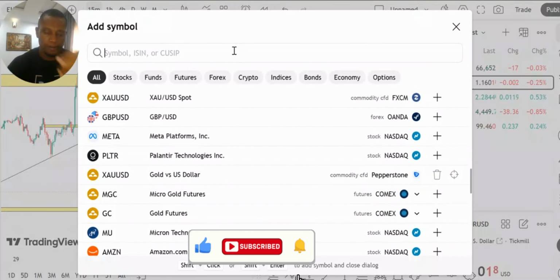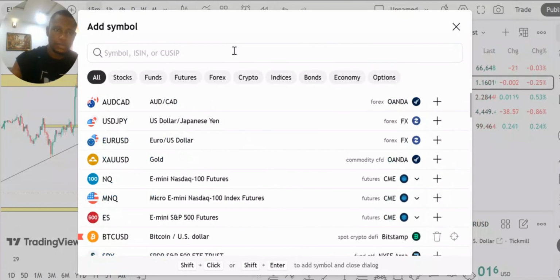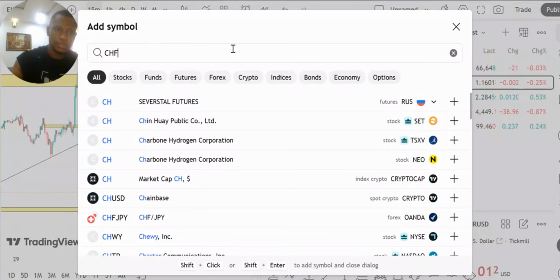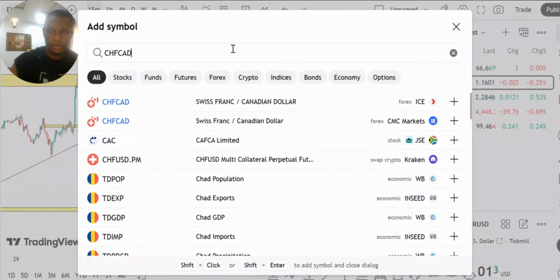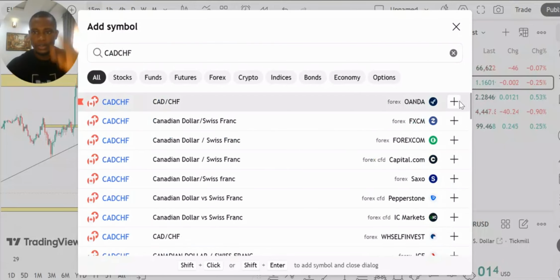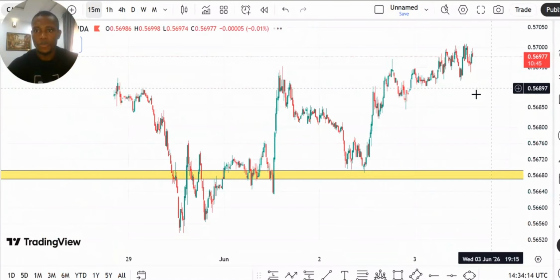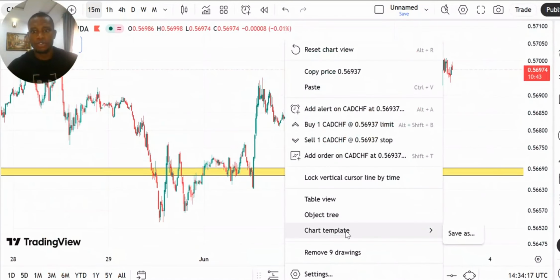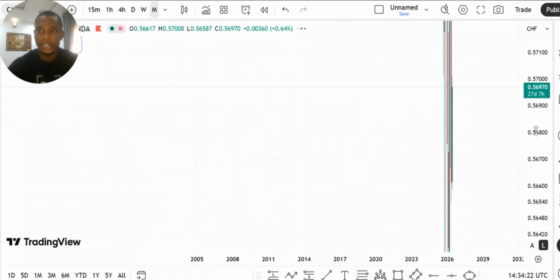Let's use CHF JPY. So for this pair, I will be doing the analysis from the top, that's from the monthly time frame.